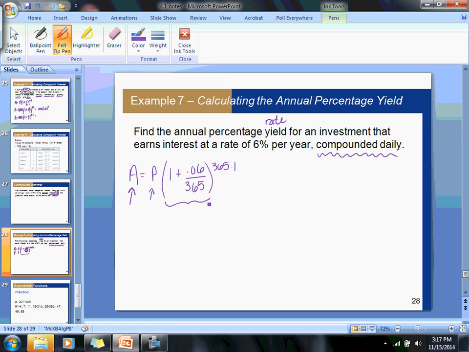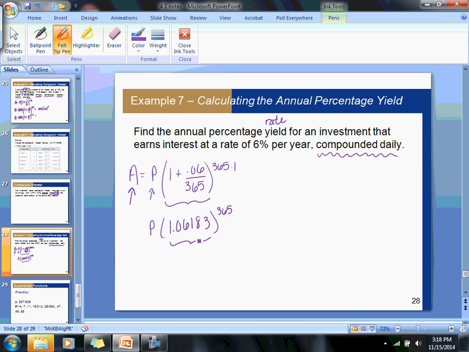Okay, so if we take the 0.06 and divide it by the 365 and add 1 to it, we'll end up with 1.06183 to the 365. Okay, so if we start simplifying this equation, this is what we get. But this part right here, that's my rate.